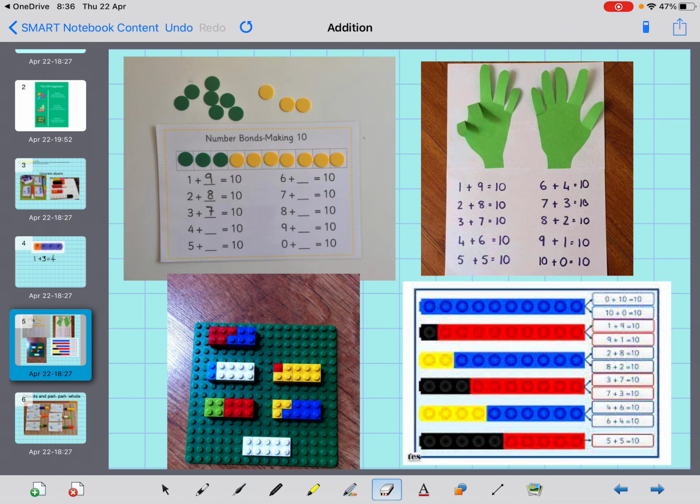Again, we can use our own fingers for this, and you can see as well the cubes there at the bottom right. So these are different examples of concrete objects that we might use in school, and some that you could probably use at home as well, including toys, pasta, sweets, anything that the children can pick up and move around to help them with their counting.